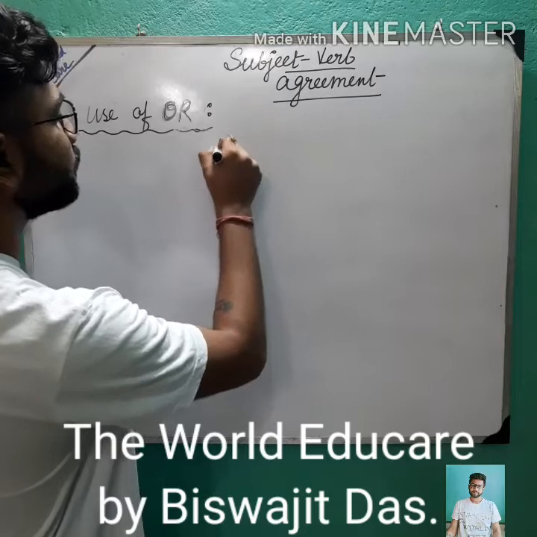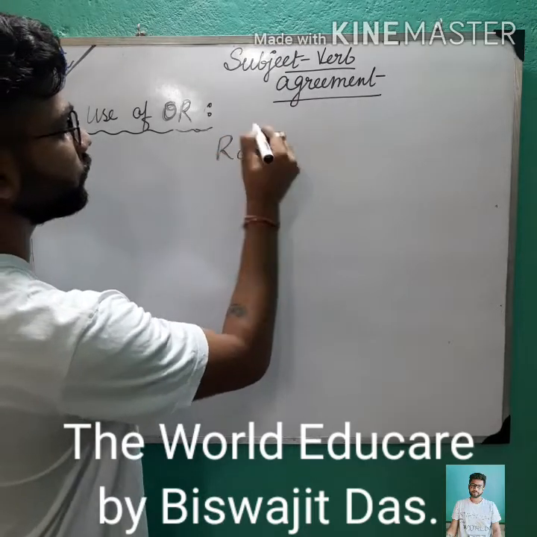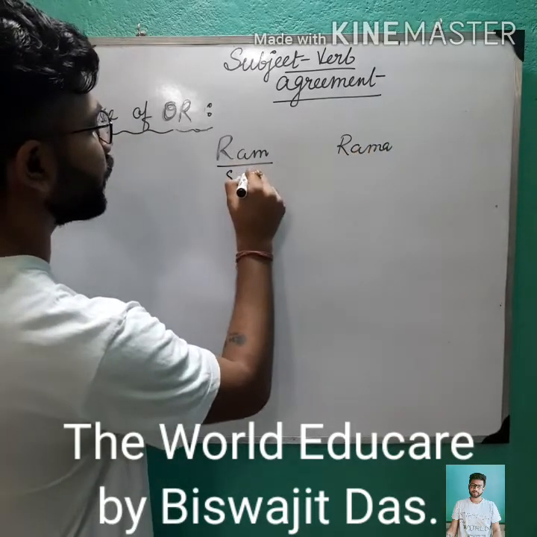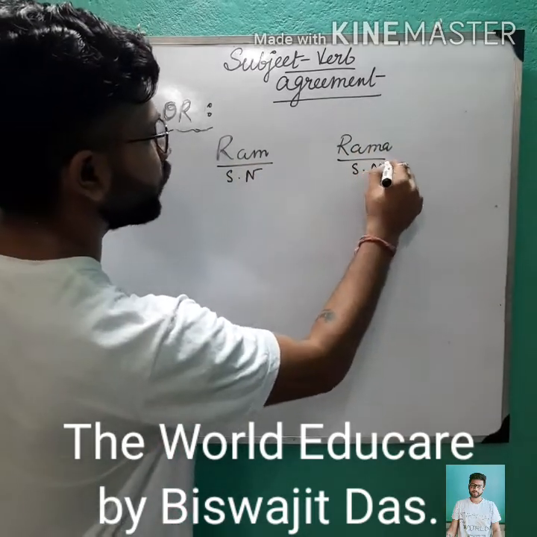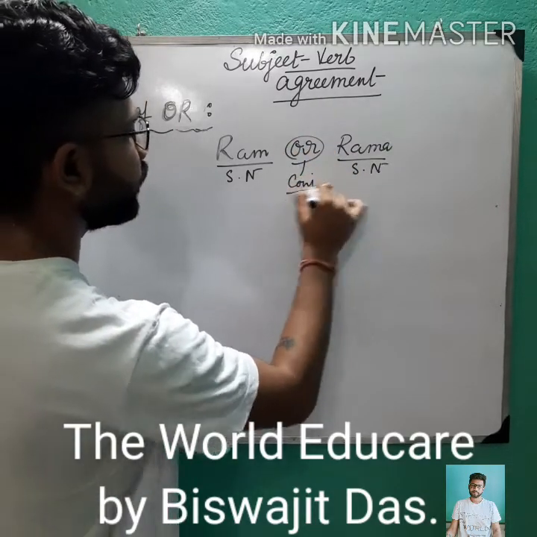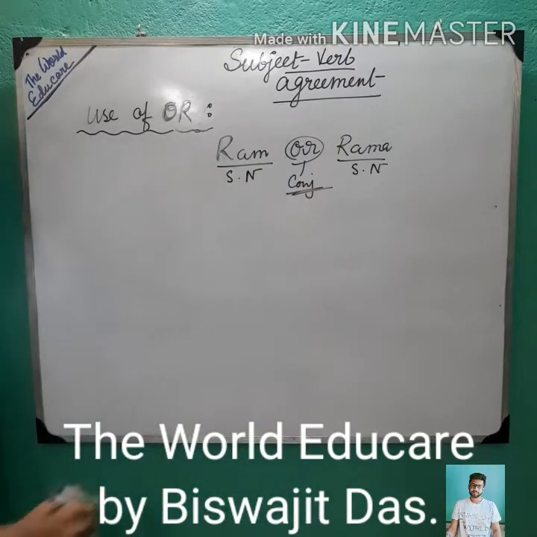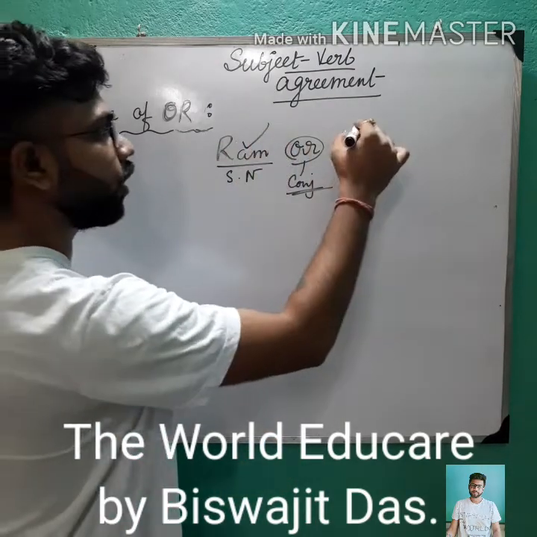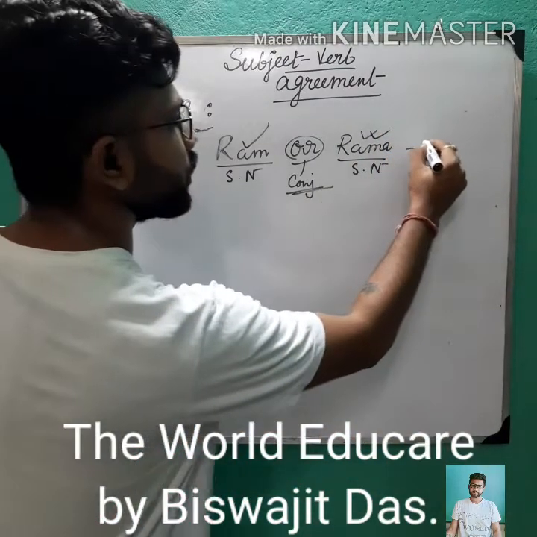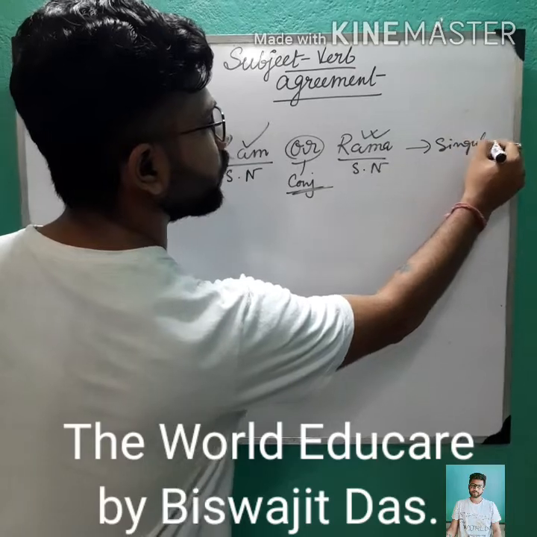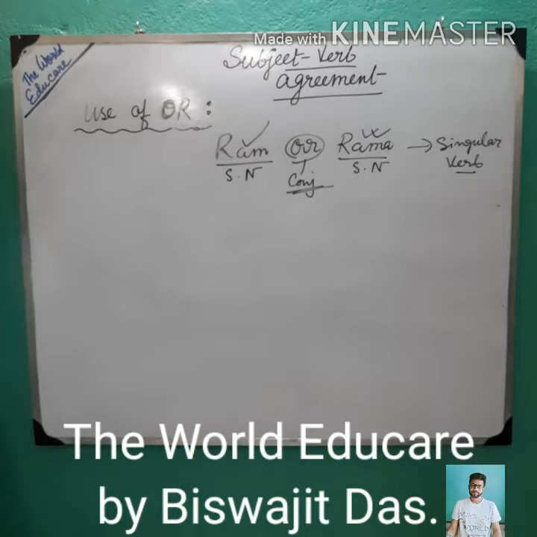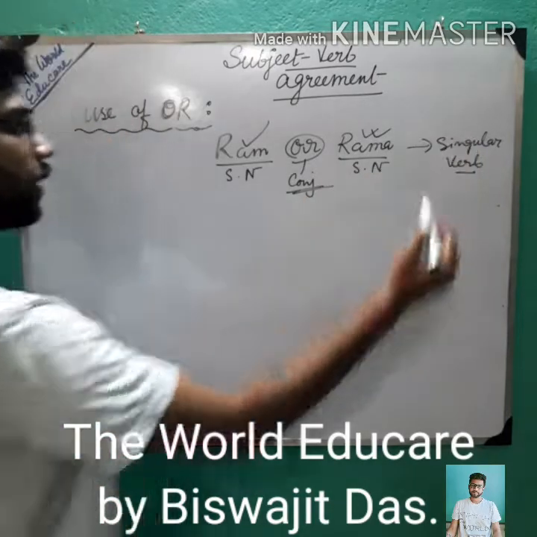Like Ram and Rama, as in the same example, there were singular nouns, but I use "or" here. It's a conjunction, but "or" means either this or this one. So there we have to use a singular verb.